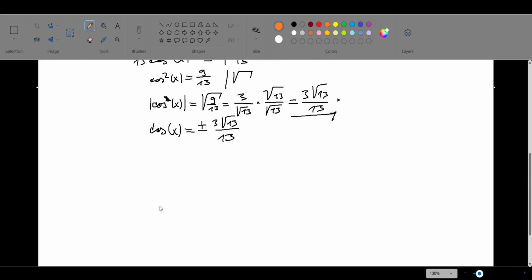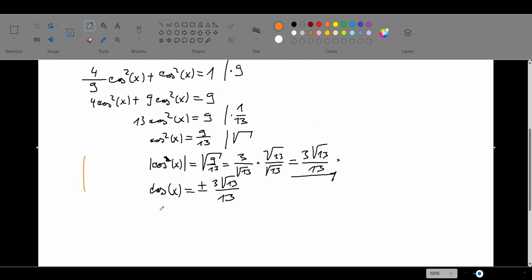So if you sketch again the unit circle, which is a very useful and powerful tool, and if you realize that we are in the second quadrant where cosine is a negative number, based on these two pieces of information, we can say that the cosine of x is equal to negative 3 times square root of 13 over 13.